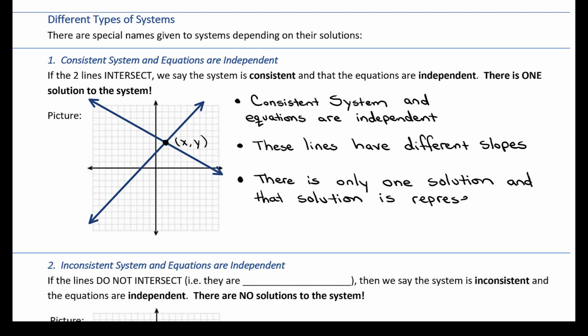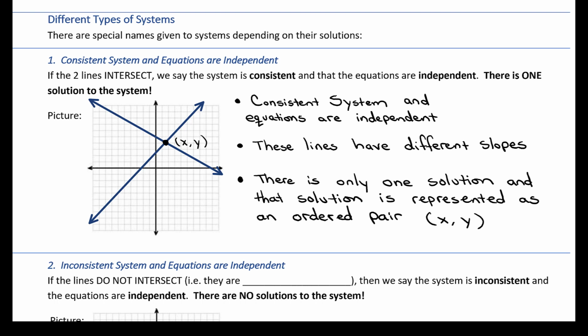So the word consistent means it has at least one solution, but when we say the equations are independent, then we know they're going to be two definitely different lines with different slopes, and that the most that they can have is just one solution. So we're going to represent that as an ordered pair.